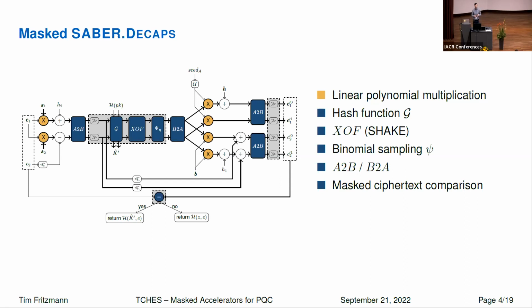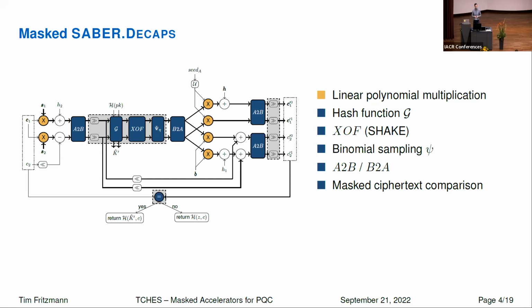And now we do not compute all our computations in a plain variant. So we duplicate the operations and we make it in a masked way. So for example, we split the input, the ciphertext C1, into 2 shares, but also the secret key into 2 shares. And now we have different operations in our masked decapsulation.